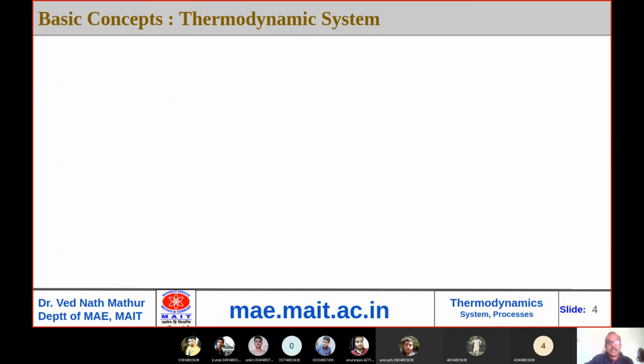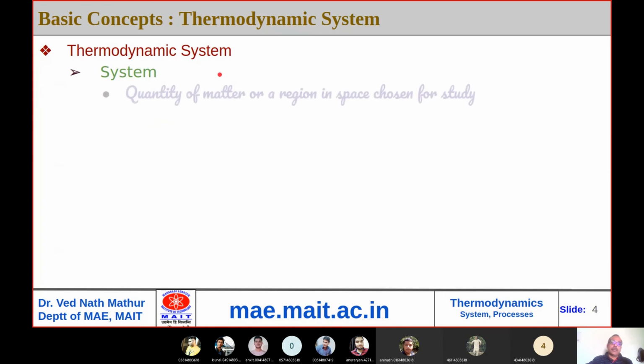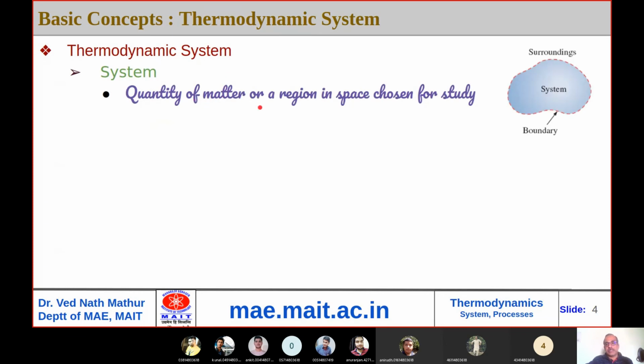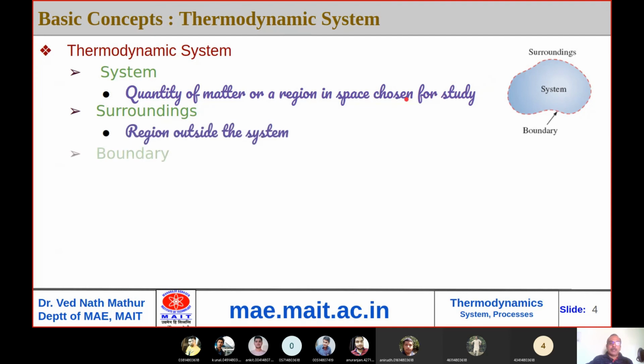Okay, thermodynamic systems. What is a thermodynamic system? Any identifiable quantity of matter or region in space which is chosen for study is a thermodynamic system. Everything outside the system is called surroundings, and system and surroundings are separated by a boundary.